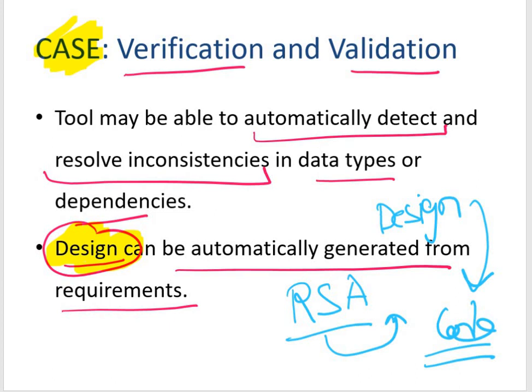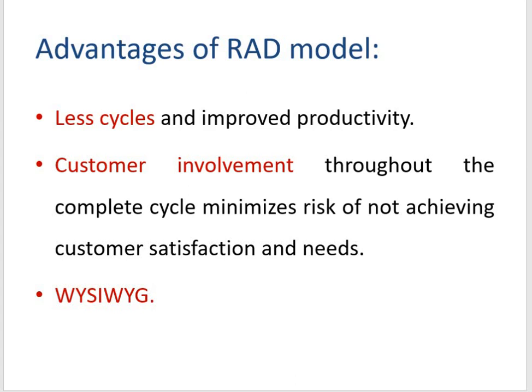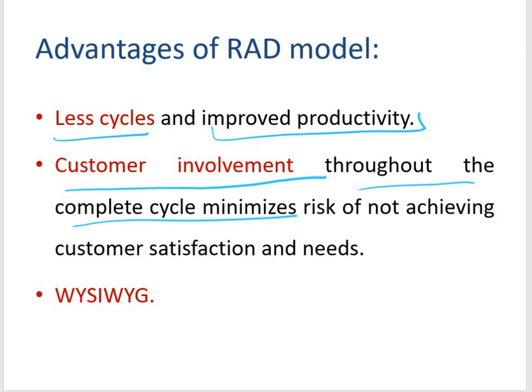Now, let's see some of the benefits of using the rapid application development model. I have a shorter cycle, and when I'm using tools, my productivity gets improved. In this particular model, the customer's involvement is throughout the complete cycle, which once again minimizes the risk of not achieving the customer's satisfaction and needs.